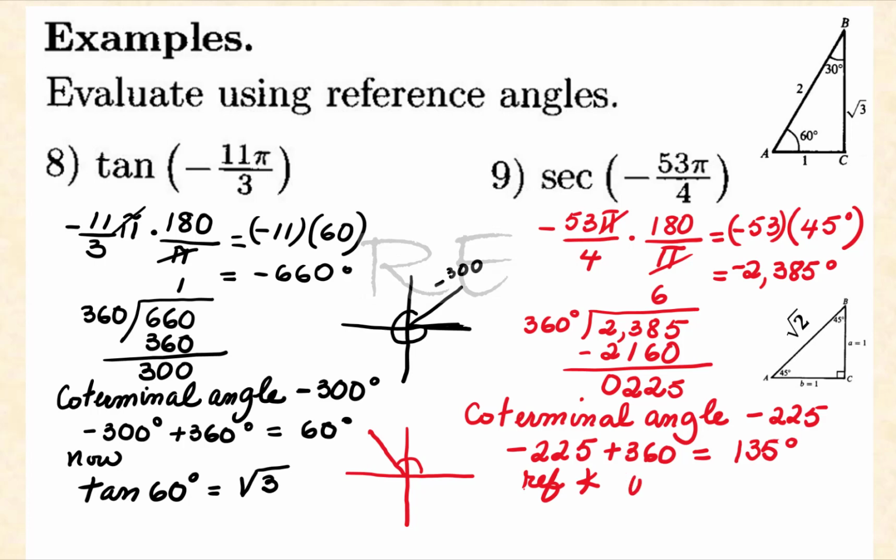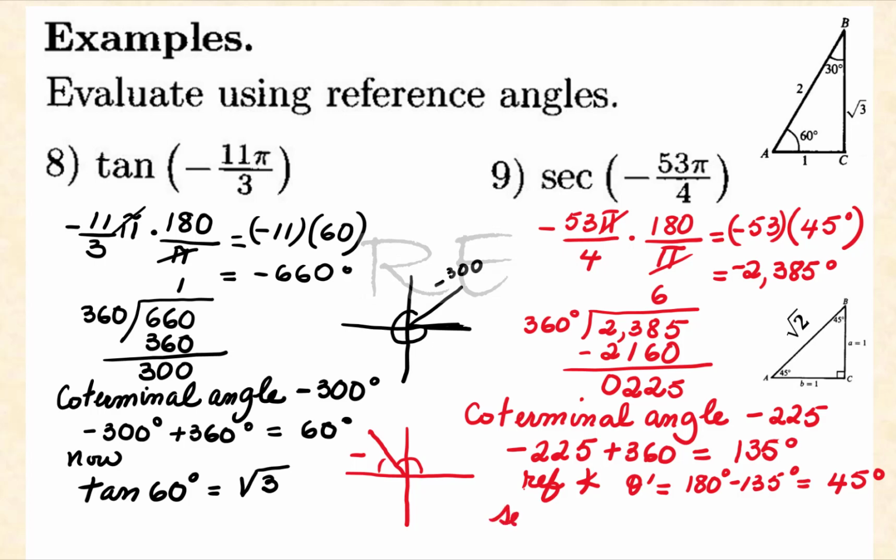135 degrees. The reference angle for 135 degrees, which is a second quadrant angle, is 180 minus 135, which is 45 degrees. Now remember that our angle is a second quadrant angle, and cosine is negative.